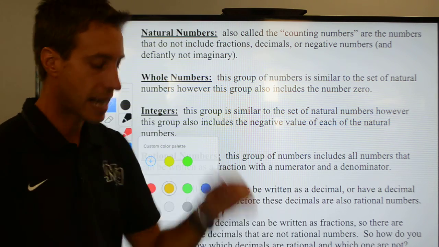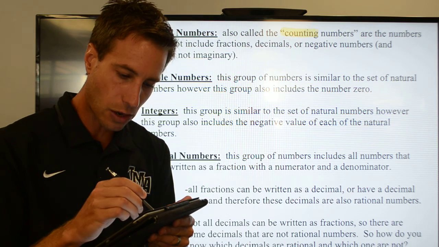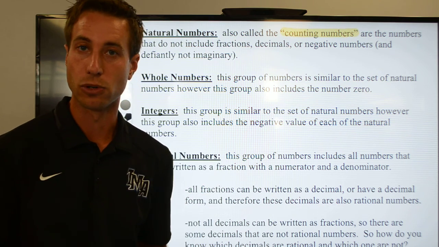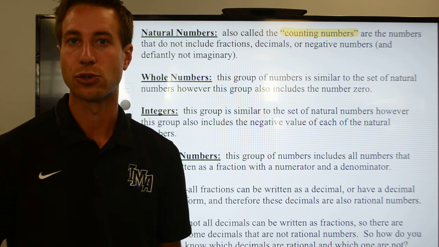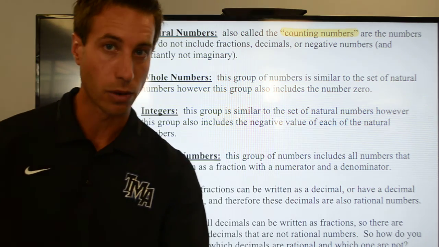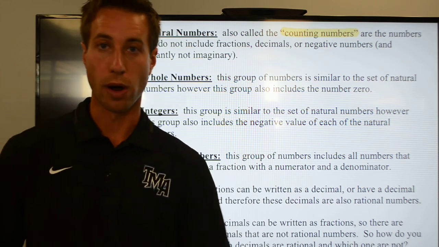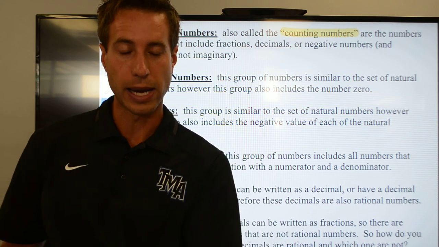Now, when it comes to the natural numbers, a great way to think of these, let me highlight it for you, is these are the counting numbers, right? So when you are counting objects, you're using the natural numbers. When you count objects, we do not start with object 0, we start with object 1, and we use all positive whole numbers going to infinity theoretically.